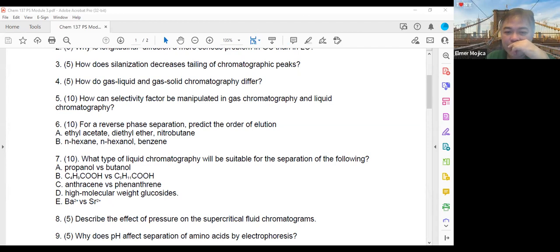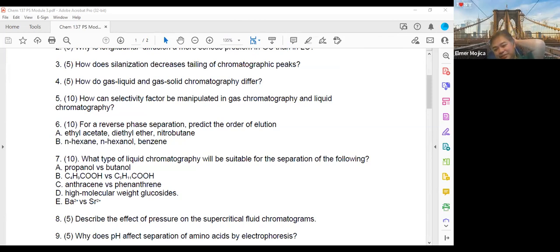We want it to be what? The higher, the better? Is there a particular number that we want your selectivity factor to be? Okay, it should be greater than 1.